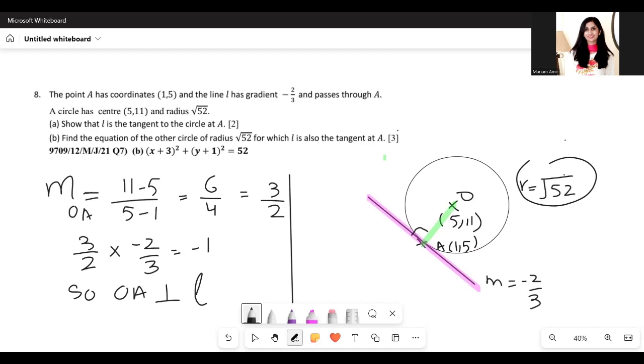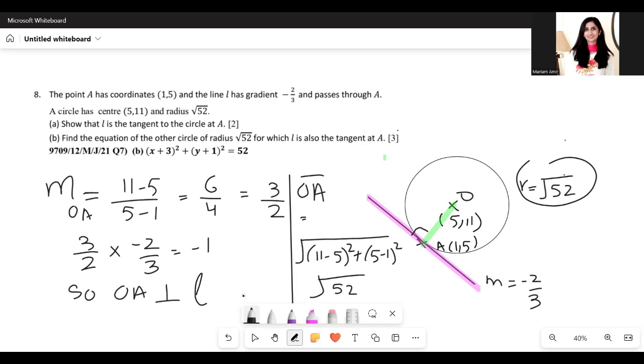So we'll have to find the distance of OA. That's going to be square root of (y2 minus y1) whole squared plus (x2 minus x1) whole squared. See, what do we get here? Square root of 6 squared plus 4 squared is square root of 52, since 6 squared plus 4 squared is 52. So we get square root of 52 as well.